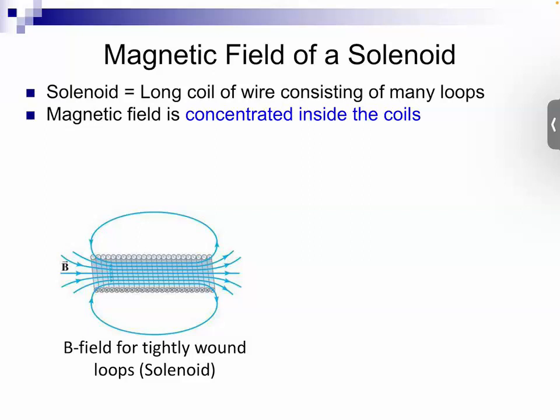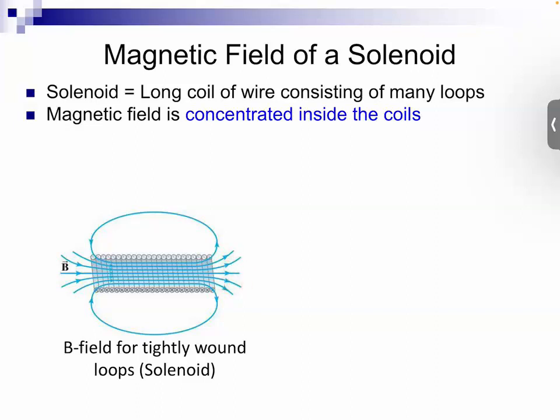If we do a right hand rule, we curl our fingers in the direction of the current flow. Hence, the magnetic field direction inside the solenoid is pointing to the right, as we can see here.